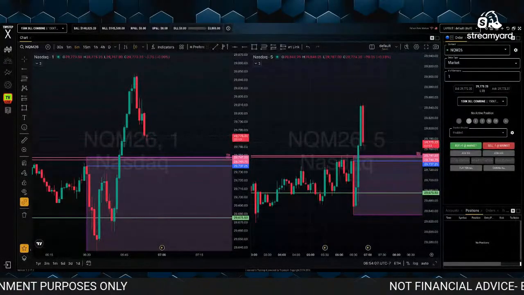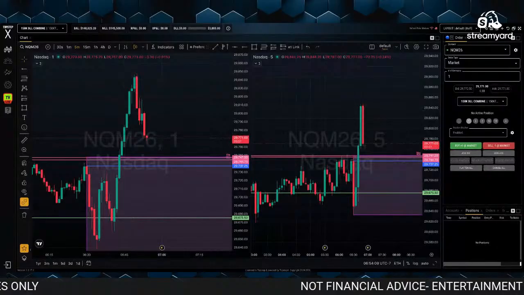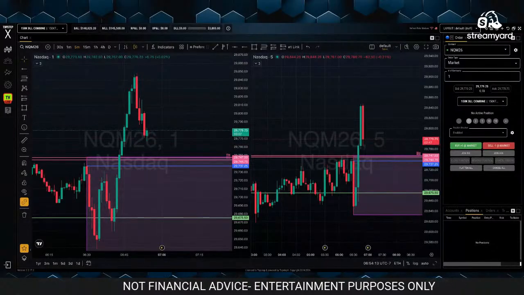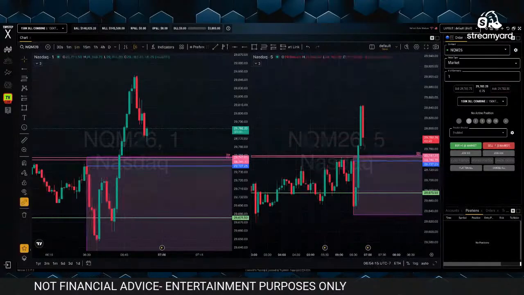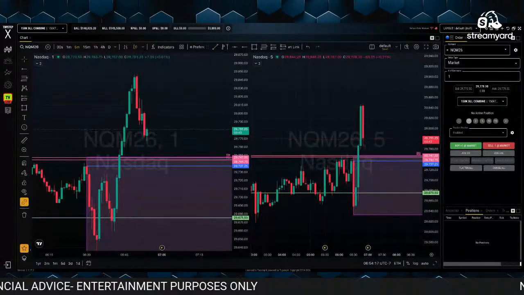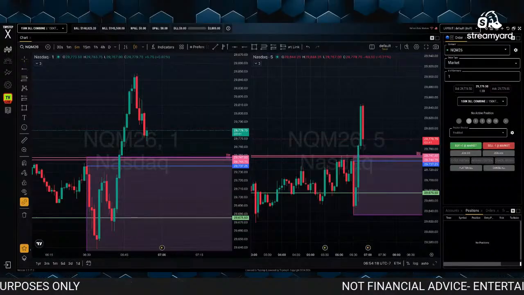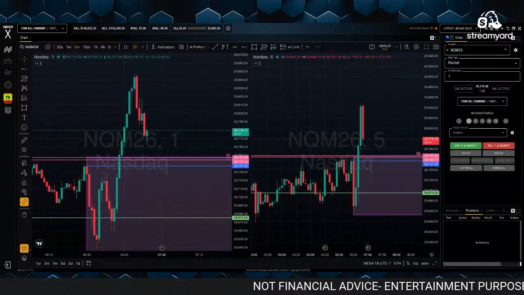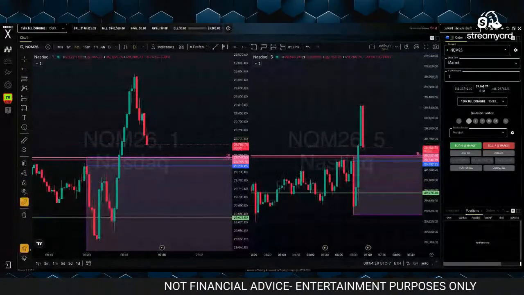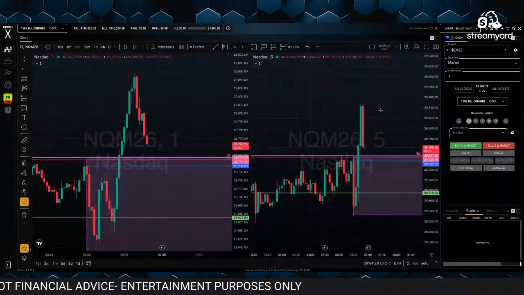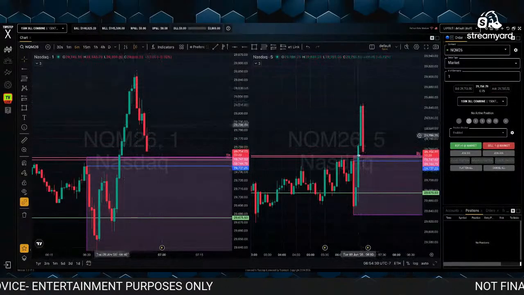So 1 minute left. Let's see how this closes here. Strong red candle. So it pushed down strong here.